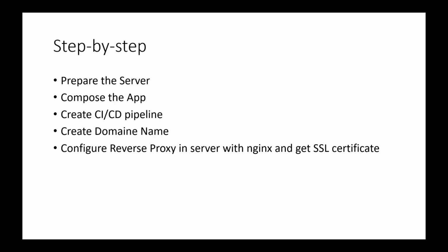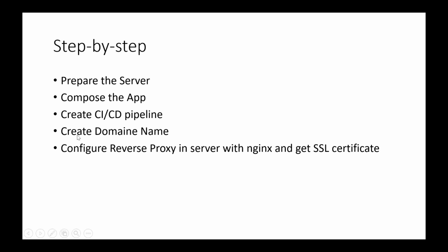Here is the step-by-step on how I did that. The first one is preparing the server, and then composing the app, trying to compose the app on the local machine and make sure that it works before I deploy it on the server. The third step is to create the CI/CD pipeline with the help of GitHub Actions, as I mentioned.